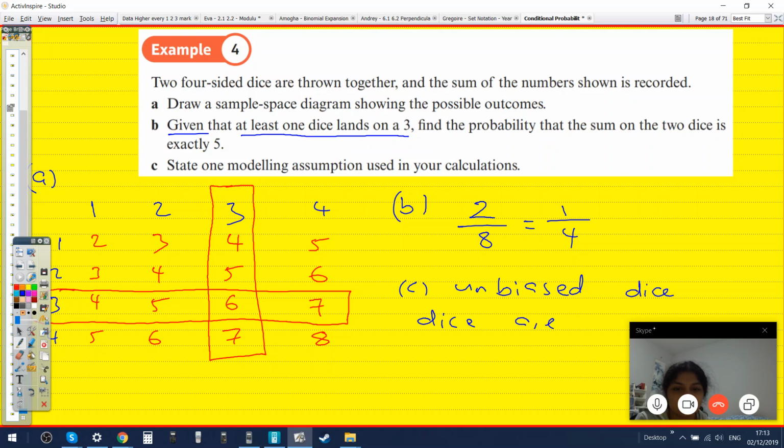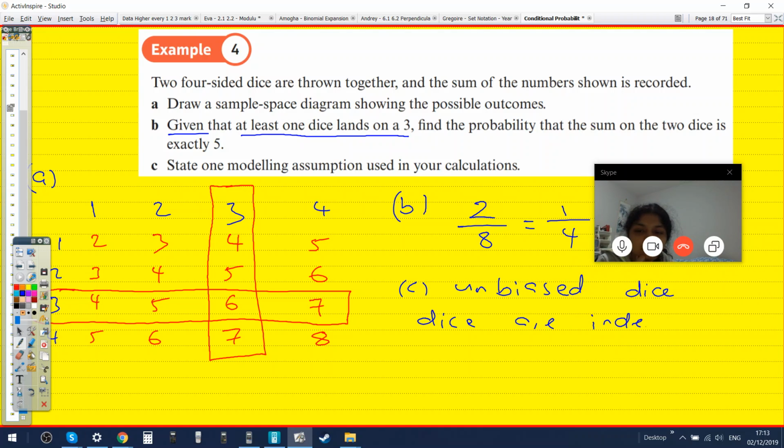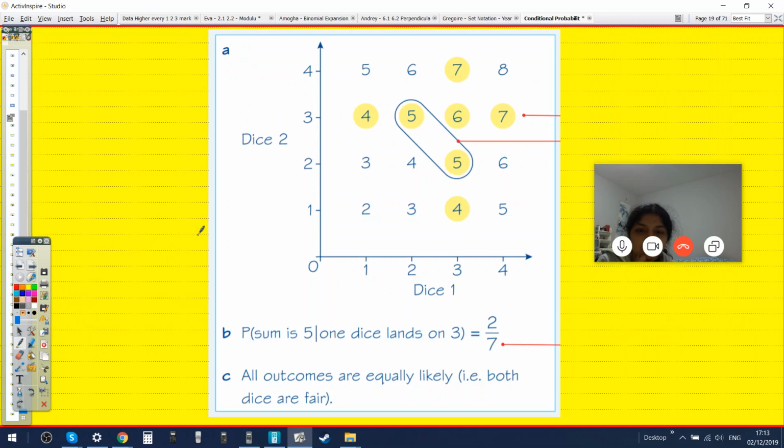Technically, that's true, I believe. Dice are independent. We have to go back. All outcomes are equally likely, i.e. both dice are fair. Yeah, that's what they're looking for.